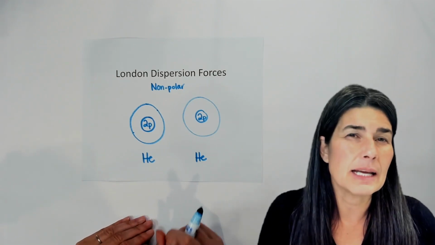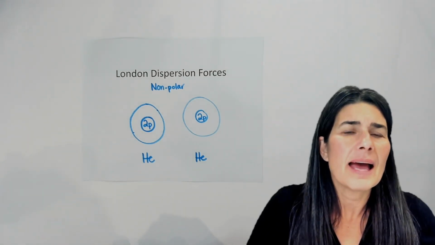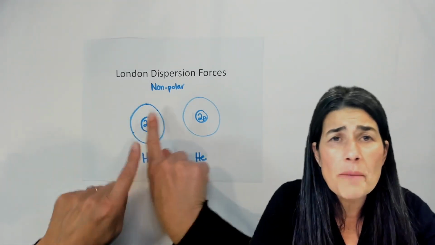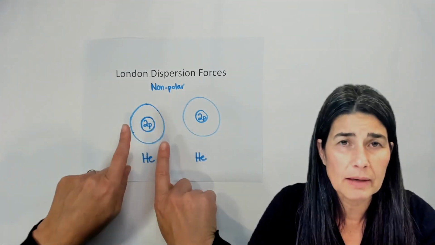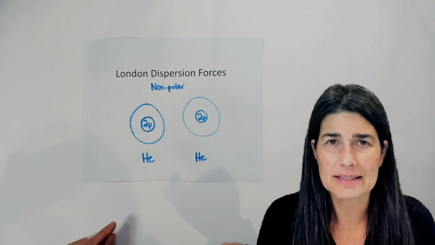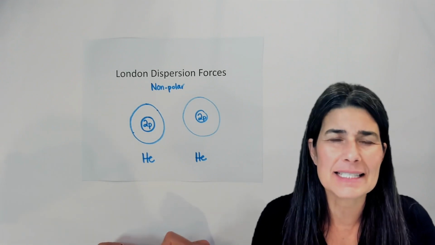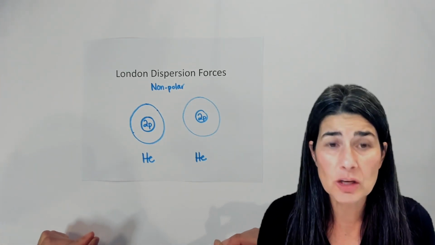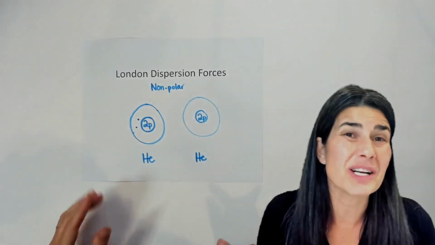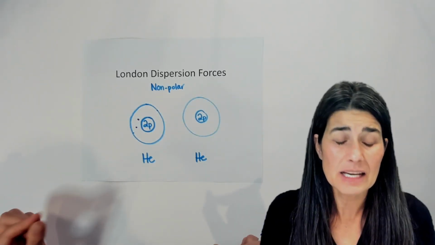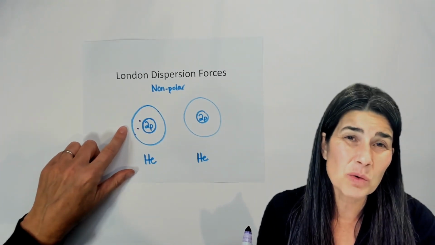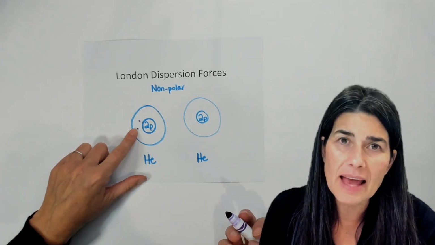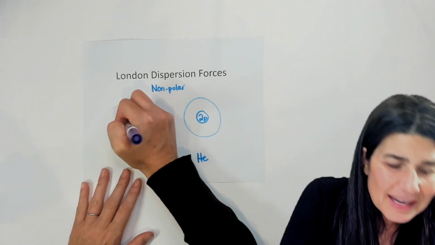Now let's look at an individual helium atom. At any one moment in time, the electrons within this atom are all moving around. There is a chance for one instant in time that both of those electrons are on one side of the atom. If both of those electrons happen to, for an instant, be over on this side, well, that makes this side of the atom a little bit negative.